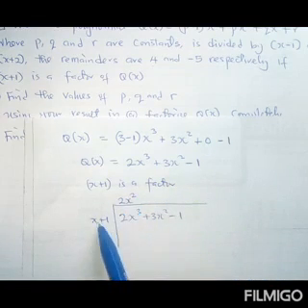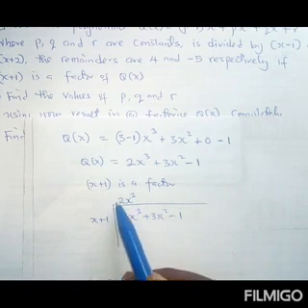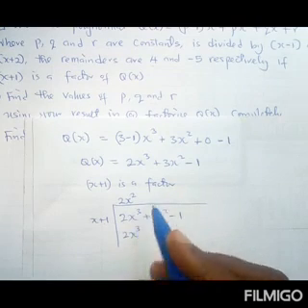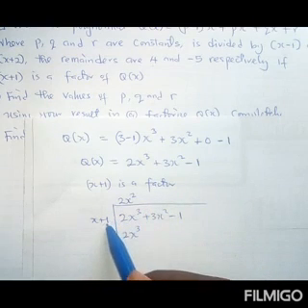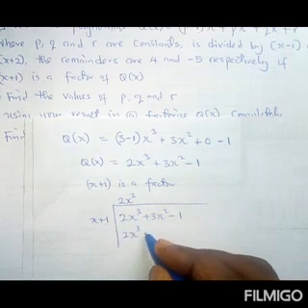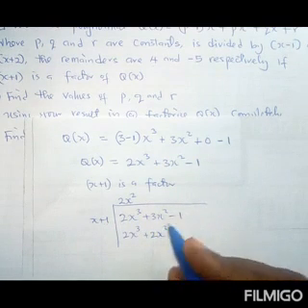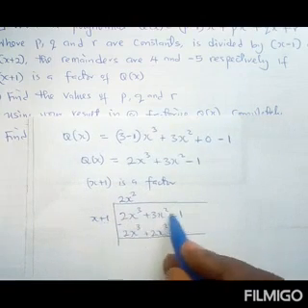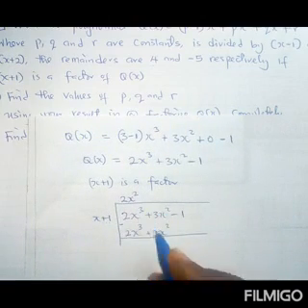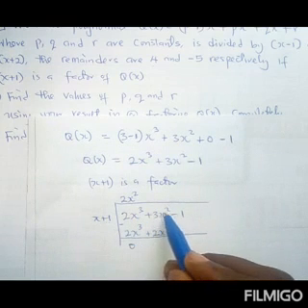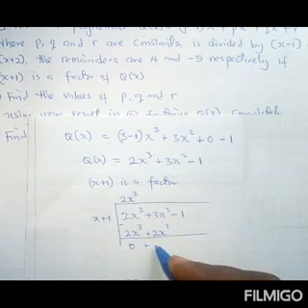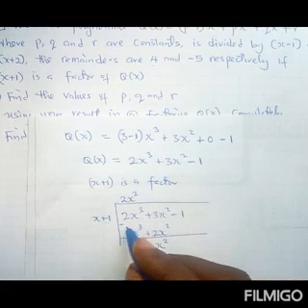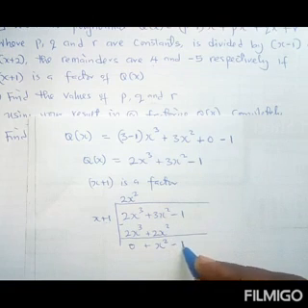You use it to multiply x plus 1. 2x squared times x will give you 2x cubed. 2x squared times 1 will give you 2x squared. You subtract your answer from the top. 2x cubed minus 2x cubed will give you 0. 3x squared minus 2x squared will give you x squared. Then minus 1 minus nothing is minus 1.